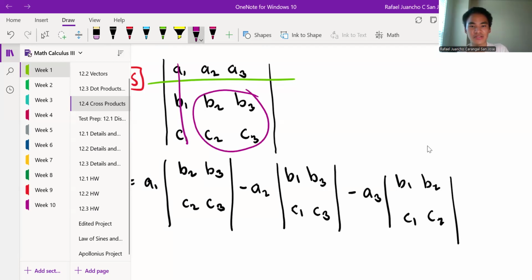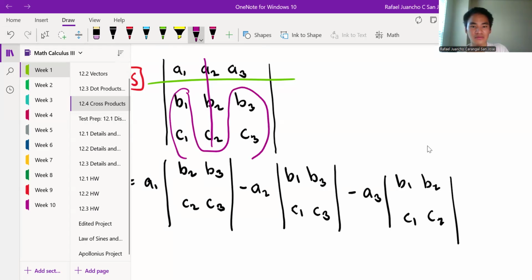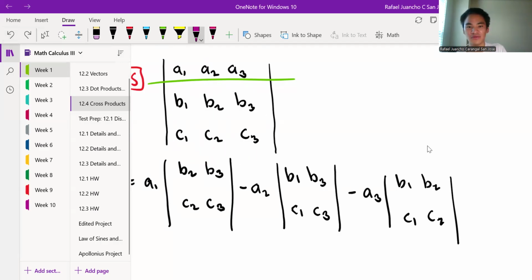Then we're looking at this. That's the same as this, right? Next thing, minus A2. Now we remove everything from the A2 column, and now we're looking at this and this. So B1, B3, C1, C3. And then we're looking at A3. We remove everything. We have B1, B2, C1, C2. Right?